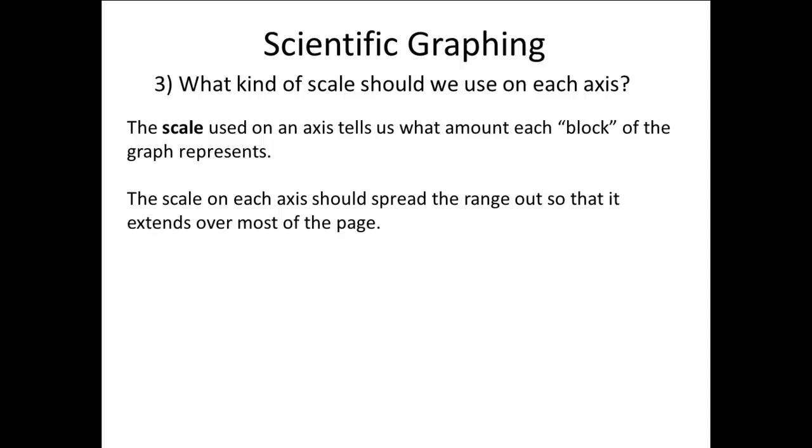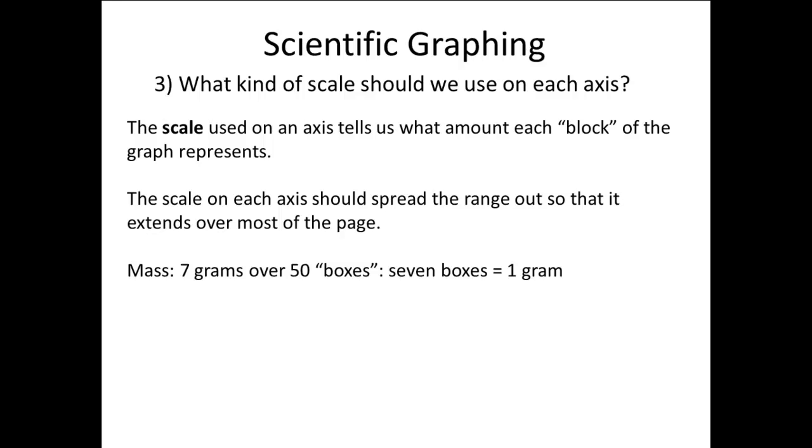For the mass, we want the range of 254 to 261 to spread out over the approximately 50 boxes on the horizontal axis. This means that we could have 7 boxes to each 1 gram and have the range of 7 grams all appear on the graph.